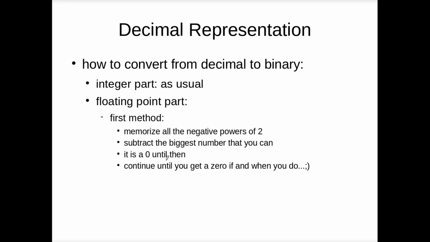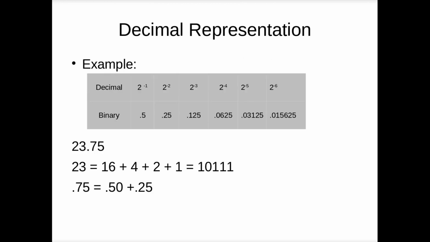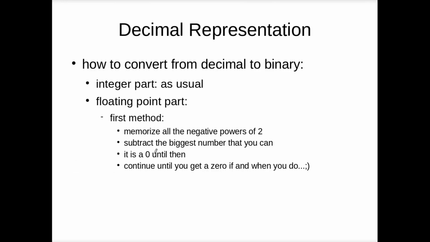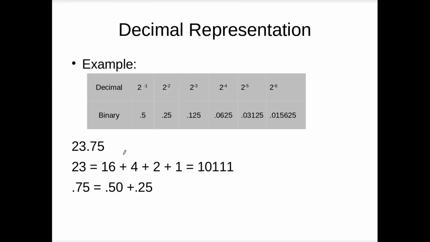But basically, for integer numbers, you can represent a number using binary digits. However, for the fractional portion, sometimes you'll get irrational numbers, so you basically want to represent the number as far as you can. Say, for example, I'm going to do the number 23.75.